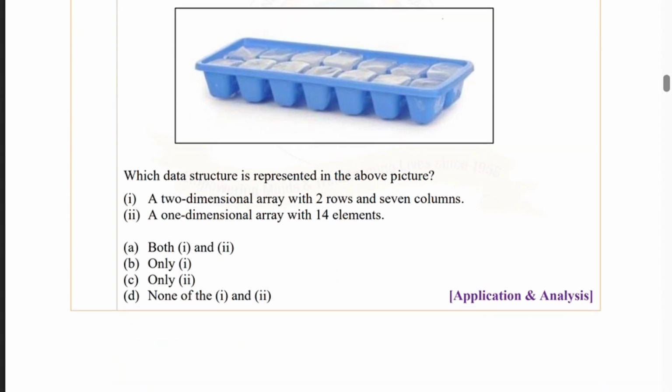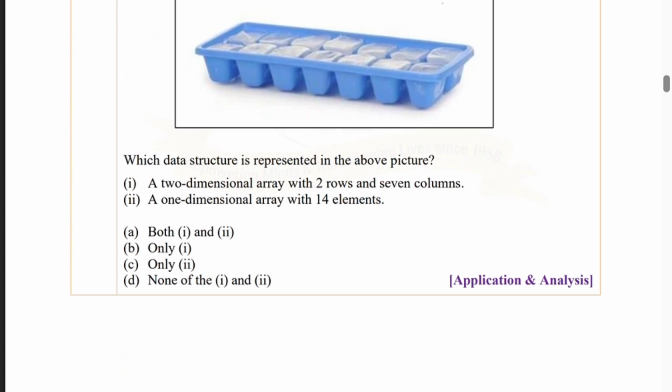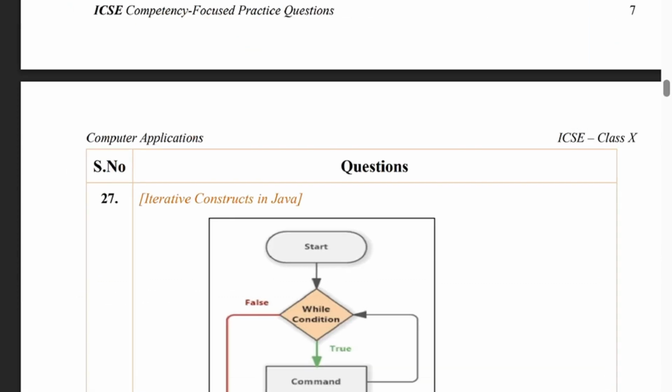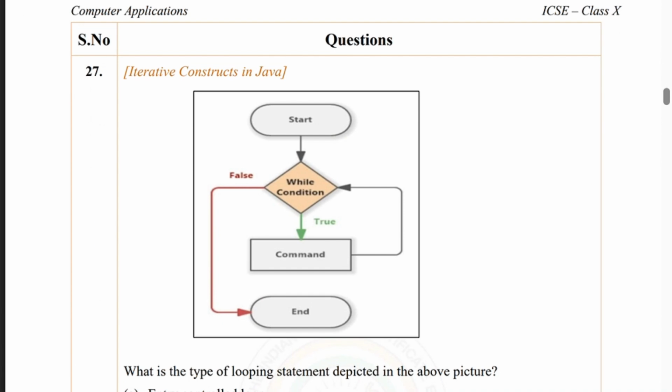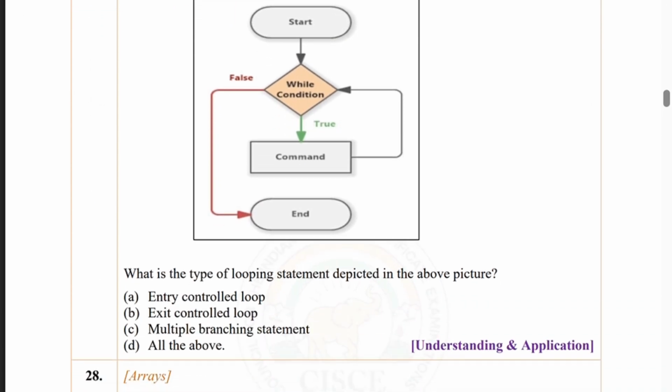Next 26. Which data structure is represented in the above picture? A two-dimensional array with 2 rows and 7 columns, or a one-dimensional array with 14 elements. This is a two-dimensional array where there are 2 rows and 7 columns. So only one is correct. Next, 27. What is the type of looping statement depicted in the above picture?